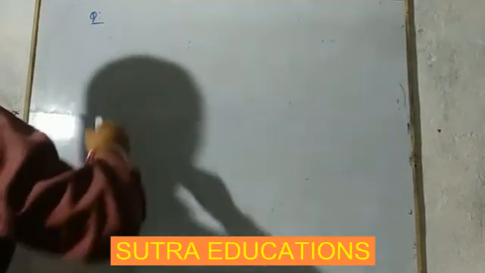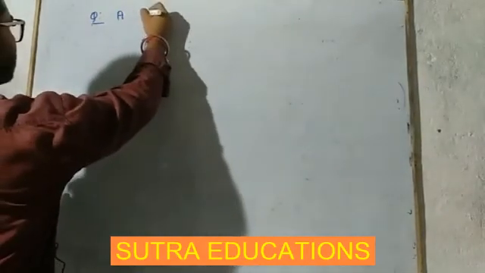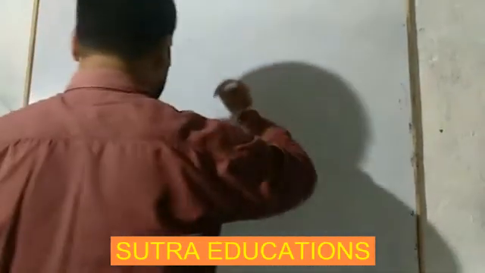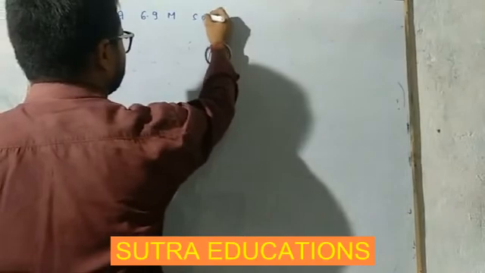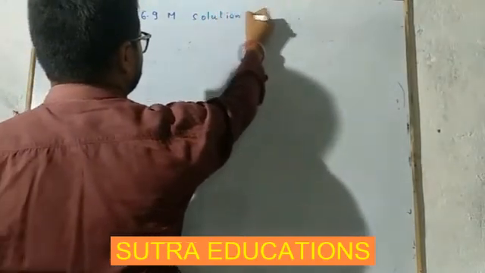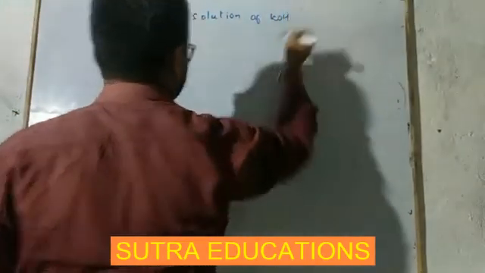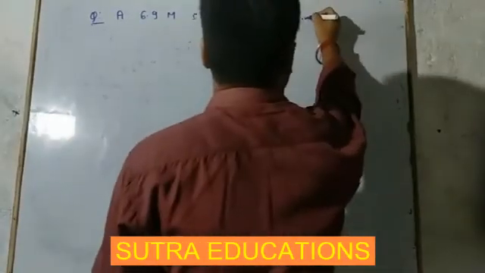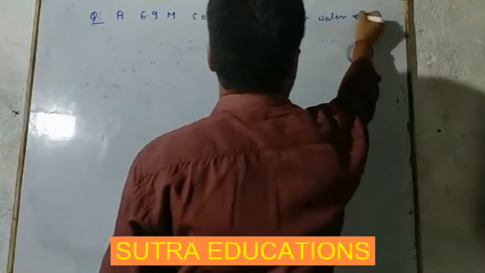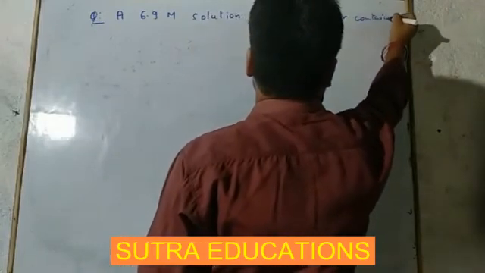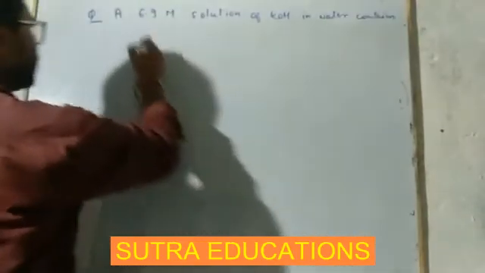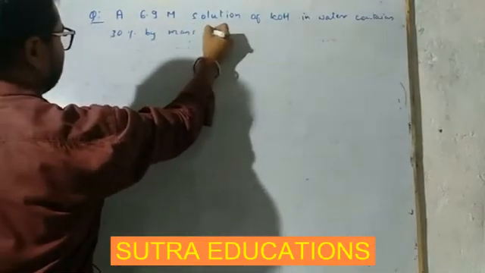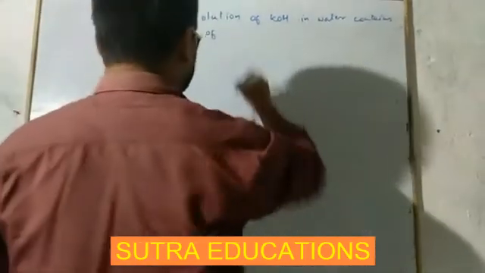A 6.9 molar solution of KOH in water contains 30% by mass of KOH.